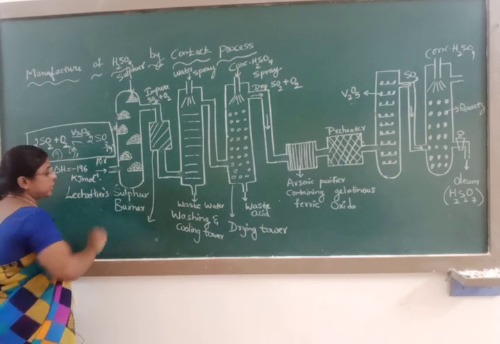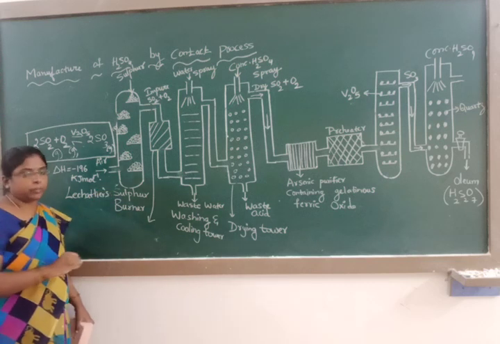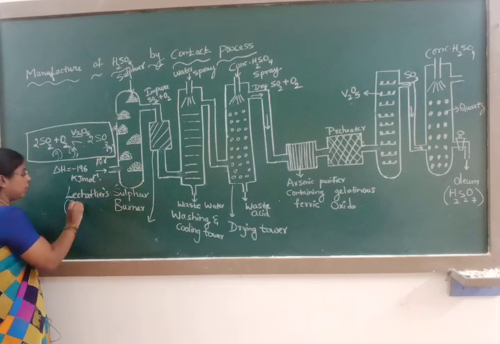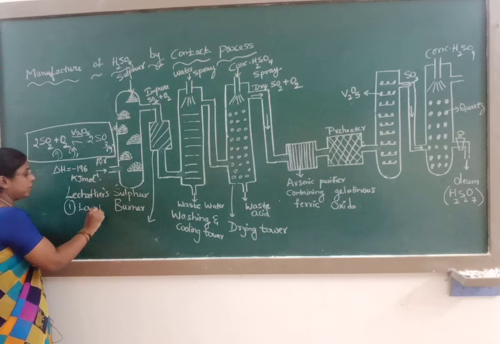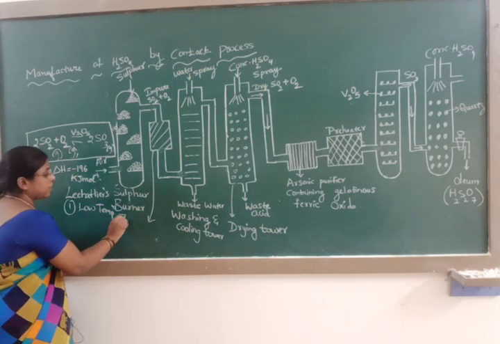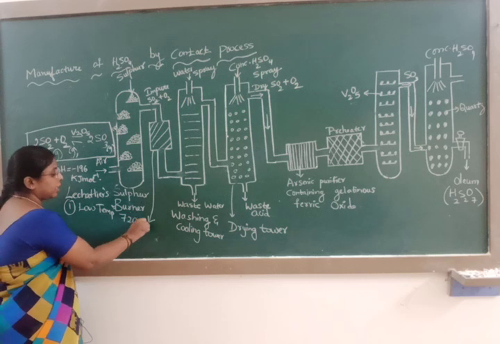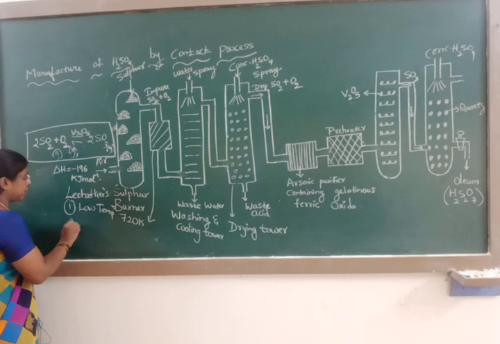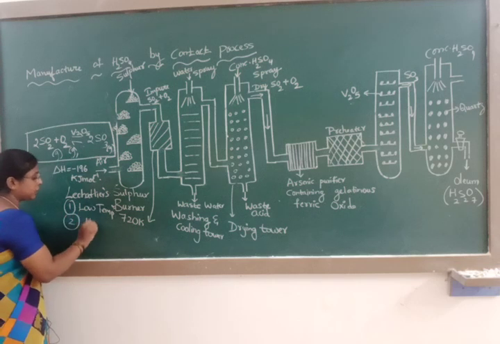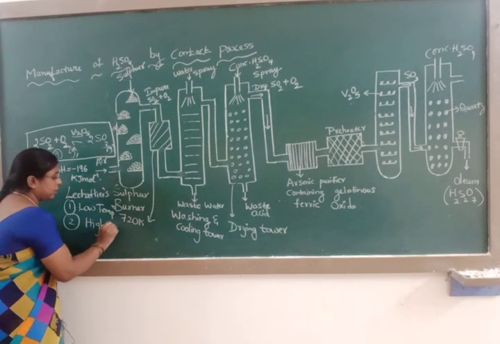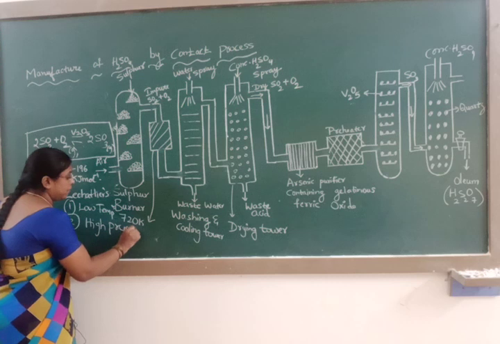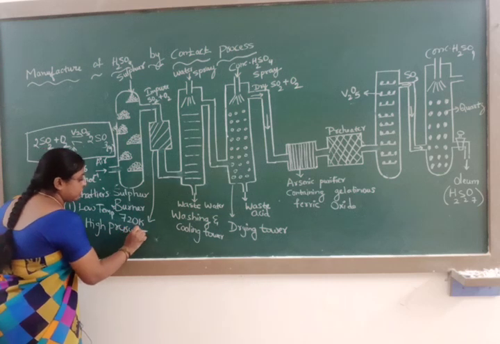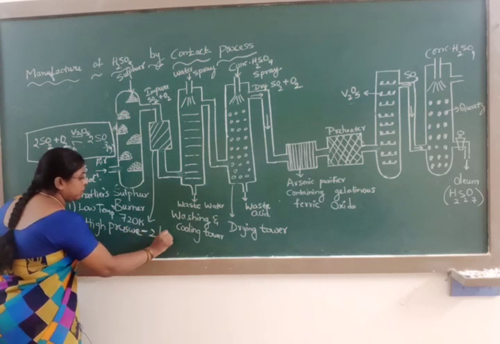What are the two Le Chatelier's conditions we have to maintain? First is low temperature. Here a low temperature of 720 Kelvin is maintained in a preheater, and we have to maintain high pressure, a pressure of 2 bar is required.